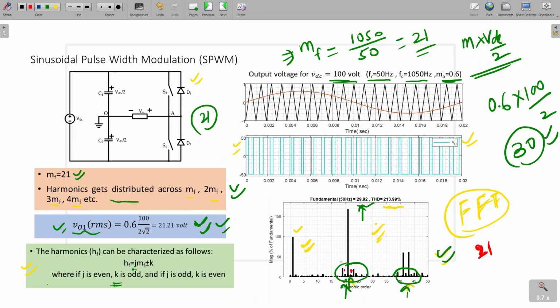Nearby it is almost less, but here it is higher. So 21, J into MF plus minus K. So let's say 21 less than 1, how much? 20. And 22, there it is not there, but 23 it is there.